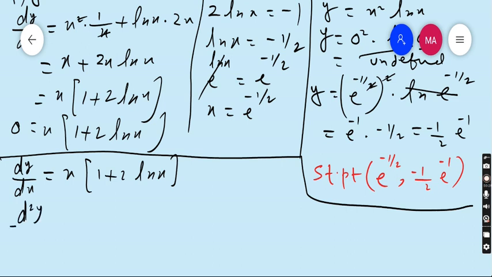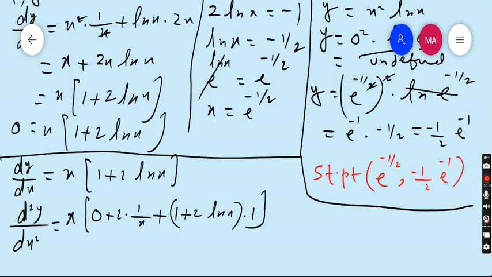In order to find the second derivative, apply u into v formula. u times derivative of 1 plus 2 ln x, derivative of 1 is 0. 2 ln x derivative is 1 upon x, plus v times derivative of u, 1 plus 2 ln x, derivative of x, which is 1.